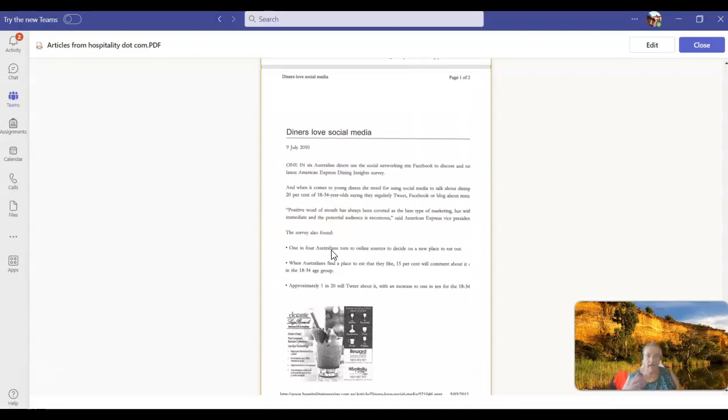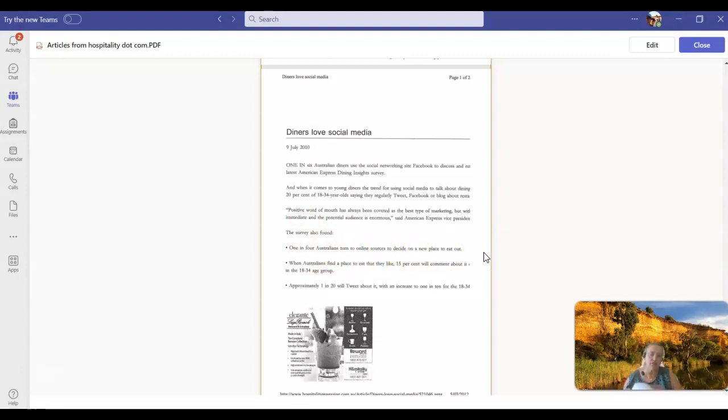Finally, we've got some results from an American Express Diners Insight survey from 2010, so 15 years ago, but I'm sure there's been an update to this since, and you might be able to find it. 1 in 6 Australian diners use the social networking site Facebook to discuss and rate their latest restaurant meals. 1 in 4 Australians turn to online sources to decide on a new place to eat out.